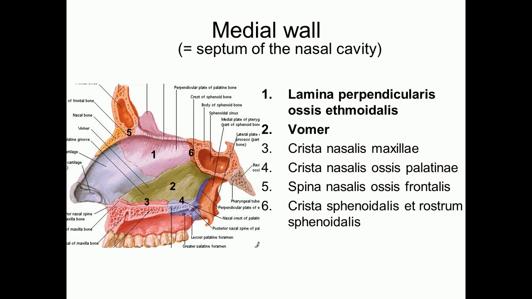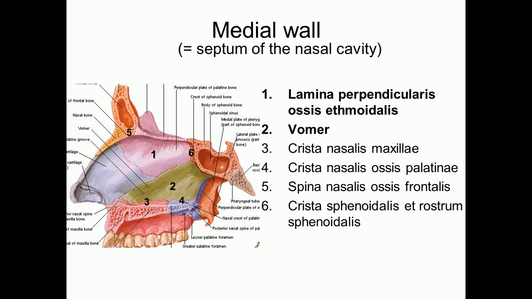You can say that the medial wall of the nasal cavity is constructed like Lego from different parts which were connected, inserted one into another. For example, the vomer has 2 alae or 2 wings which are inserted into the rostrum ossis sphenoidalis. They are inserted in each other, forming this medial wall.